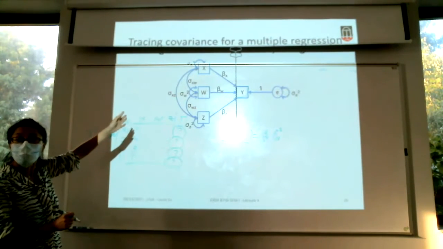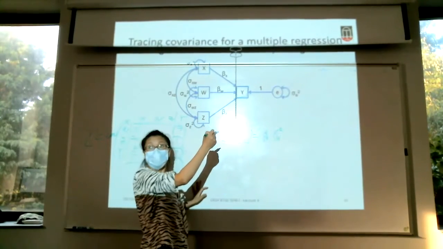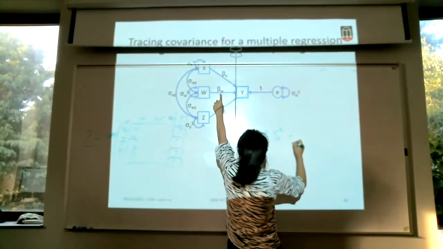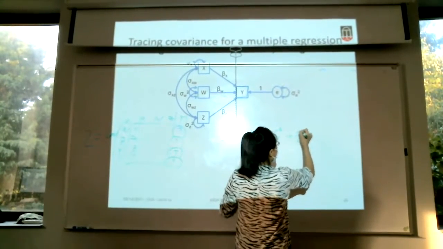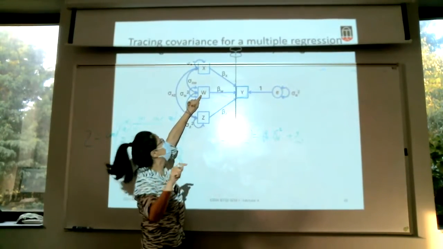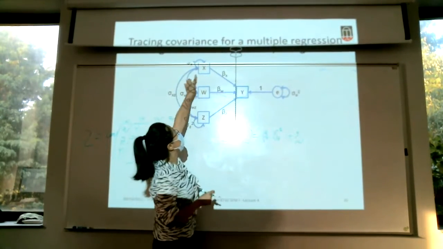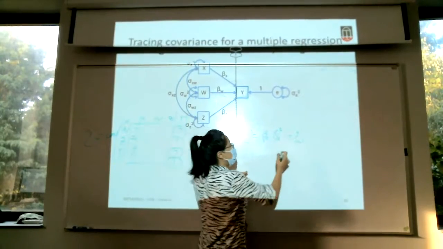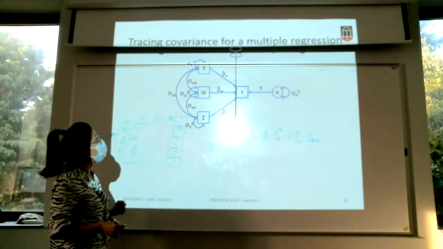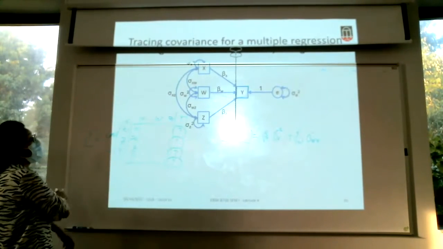We can go to W first and then stop at X. In that case, we use beta W, and then we go to W, but you have to get back to X. There's a double-headed arrow connecting W and X, so you use this covariance and stop at X. That is the covariance between W and X. That's one component.